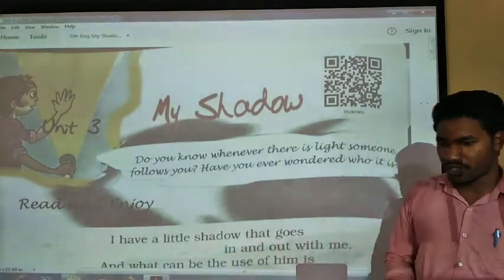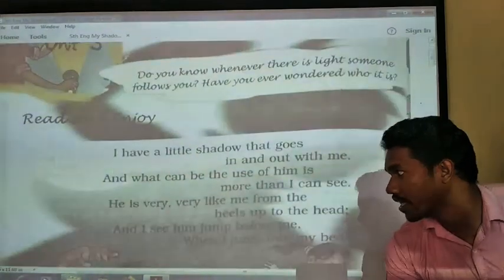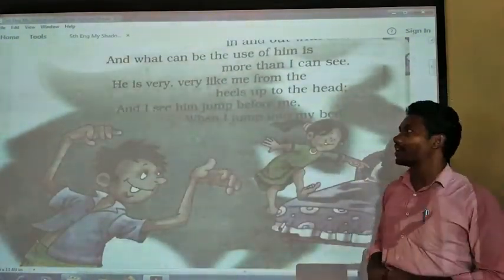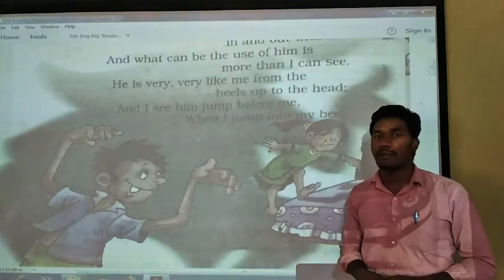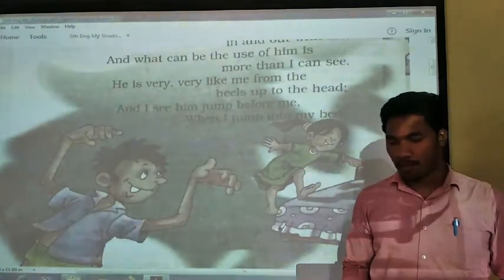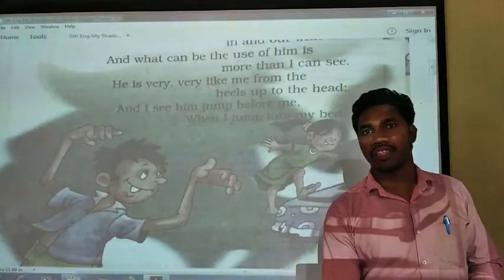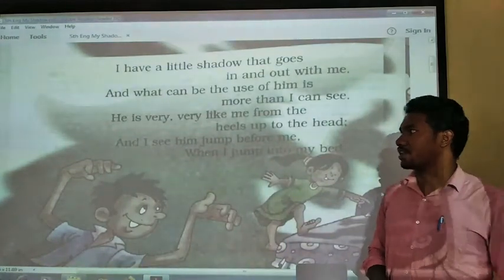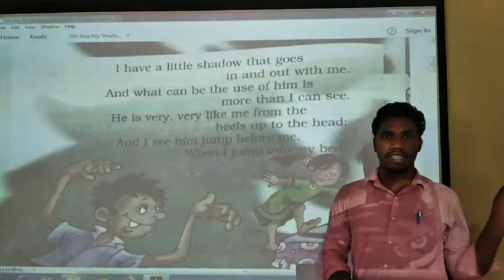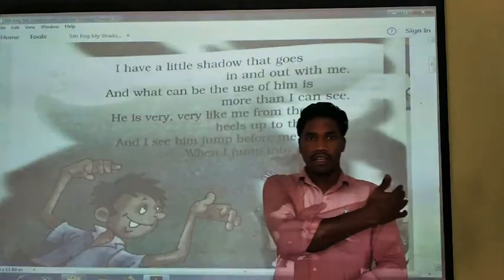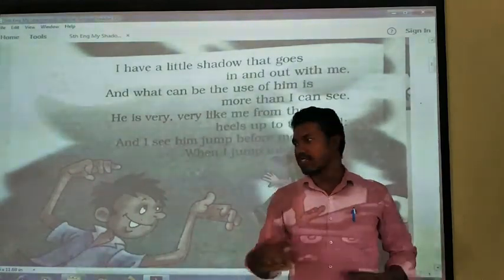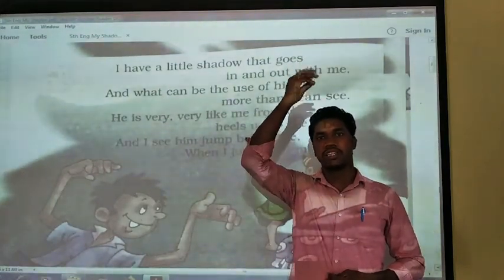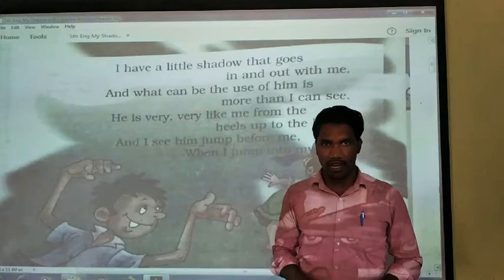Also we saw that the shadow grows like something else, as it is compared here with the Indian rubber ball, according to the light that falls onto our body. When the light falls in the morning from this side, on one side of our body, the shadow is very big. And when the sun is just over the head around 12 o'clock, our shadow is very small.